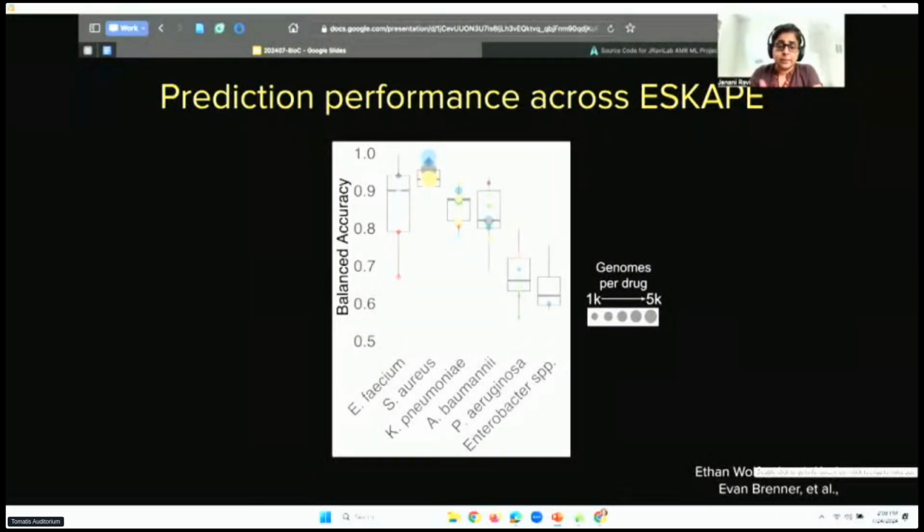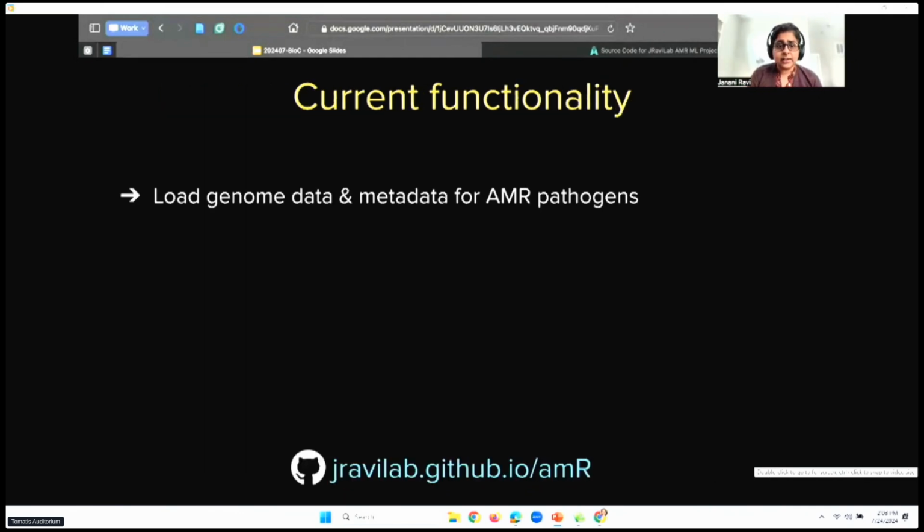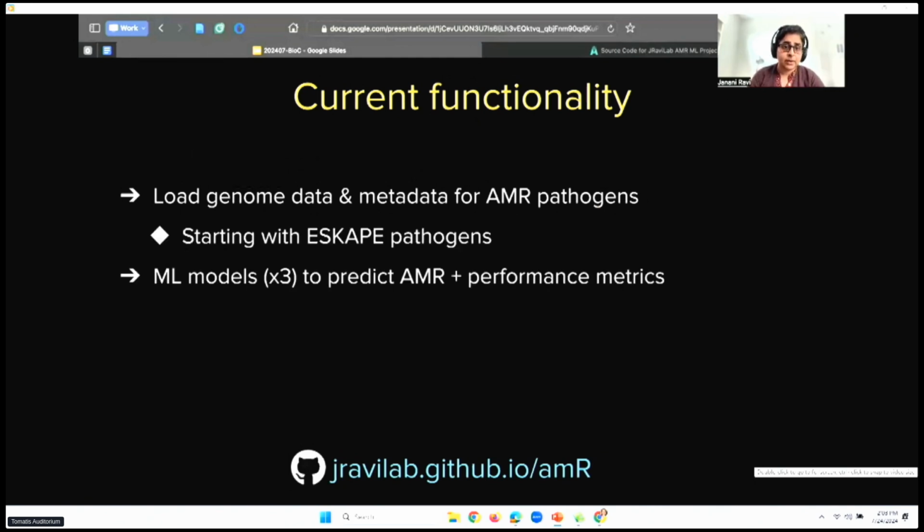So this is a brief summary to show that we've run it for a whole bunch of bugs, which is these 6 pathogens and anywhere from 5 to 15 drugs per bug. And the current functionality of our package is you'll be able to load all of this genome data and metadata for these AMR pathogens, starting with ESKAPE.